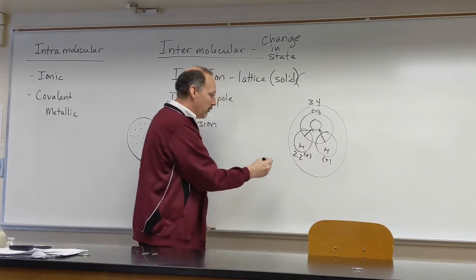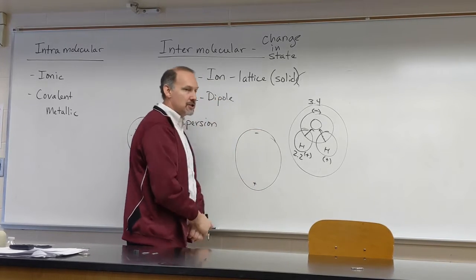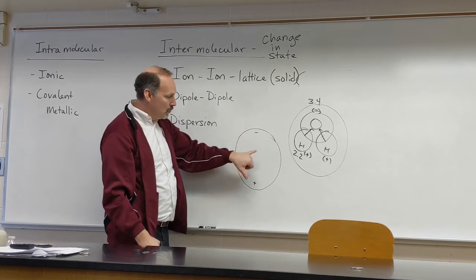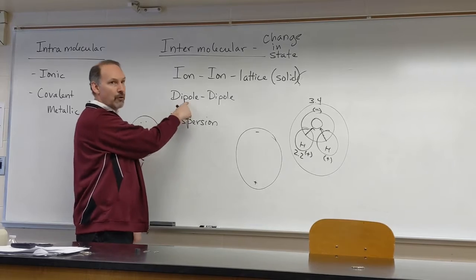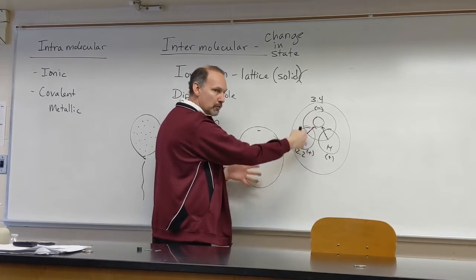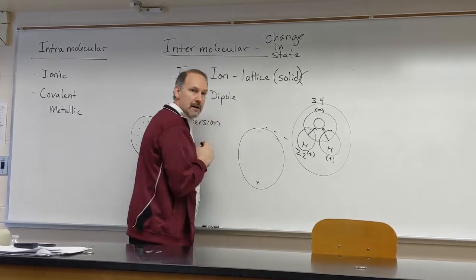So the whole molecule becomes slightly charged on each end, and we call it a polar molecule, or having two opposite ends. The word di means two poles of charge. Well, if you put two molecules that have two poles of charge by each other, they're going to attract. Okay?